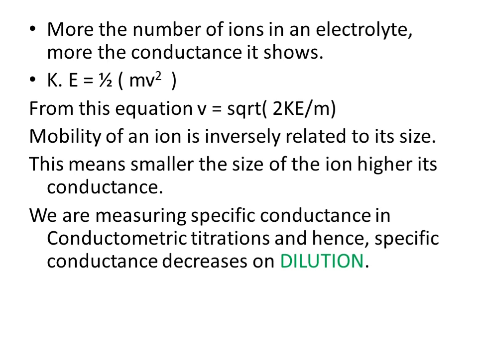Then what is the relation between size and conductance? We derive it from the kinetic energy expression. KE equals half m v squared. If we rearrange it, v equals square root of 2 KE by m. What is v? v is velocity.